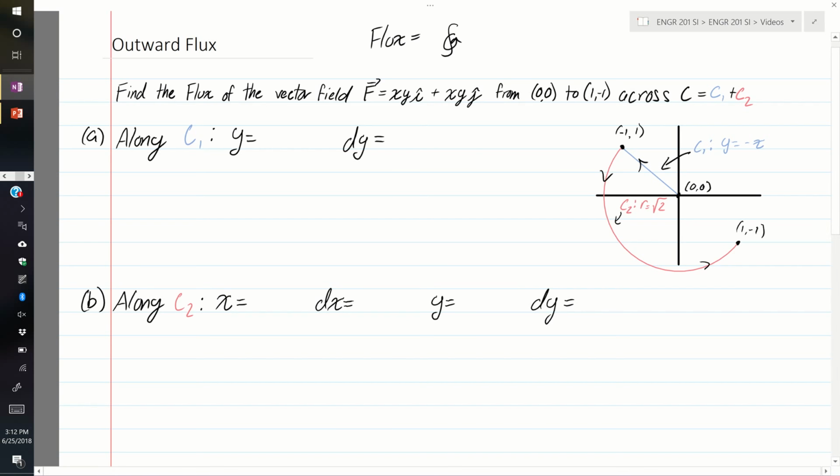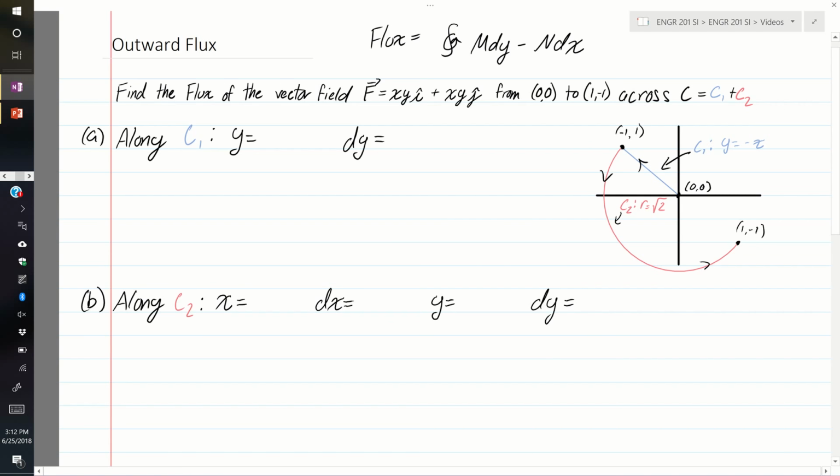And the equation, typically you do this for 2 dimensions, for this first unit at least, is M dy minus N dx. This is the flipped version of circulation, where it's M dx plus N dy.